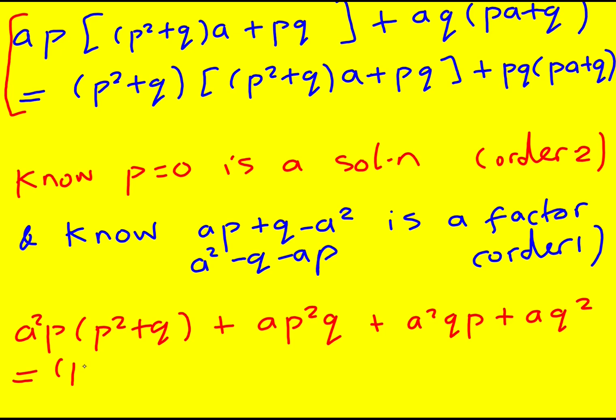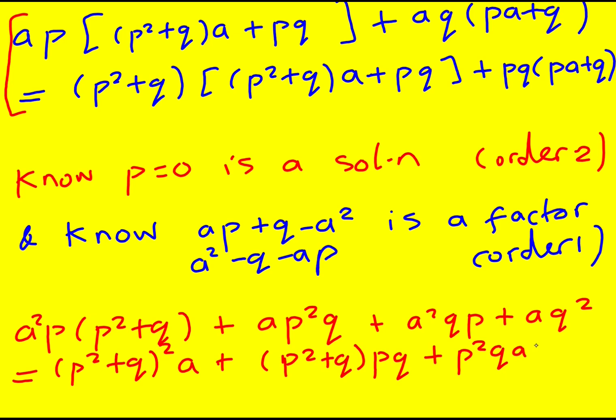That will equal P squared plus Q squared, actually, times A, plus P squared plus Q times PQ plus P squared QA plus PQ squared.